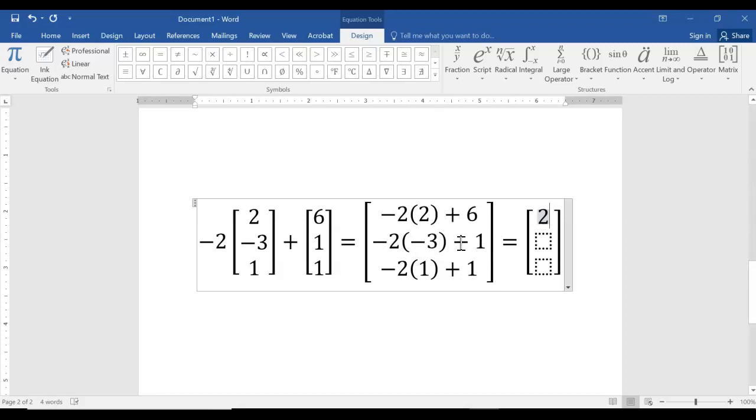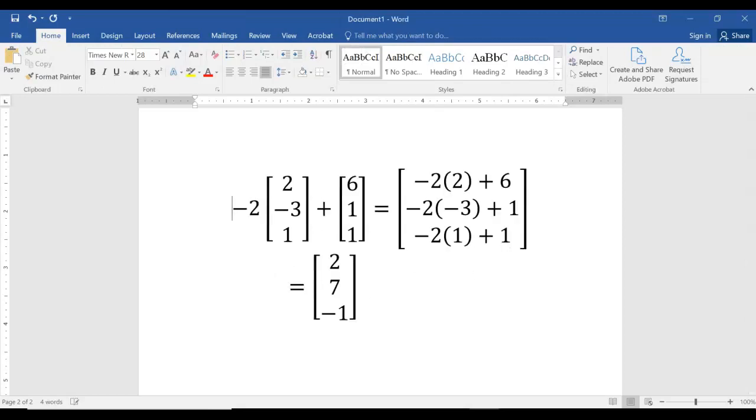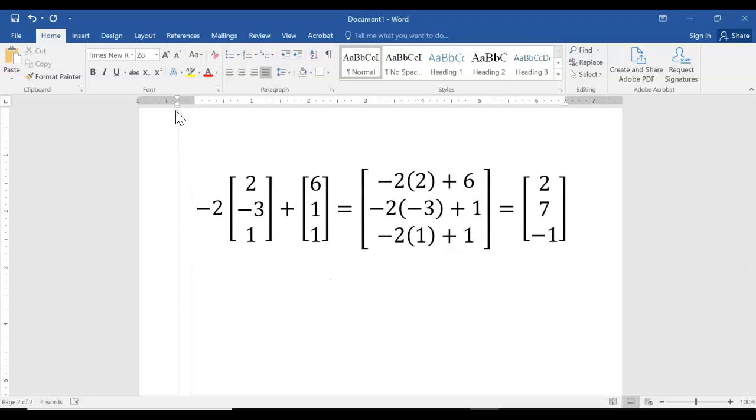That's a positive 6 plus 1 is a 7. Negative 2 plus 1 is a negative 1. So the vector we get out when we do that scalar product and vector addition is going to be (2, 7, -1).